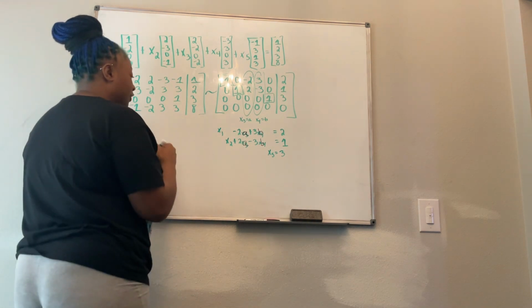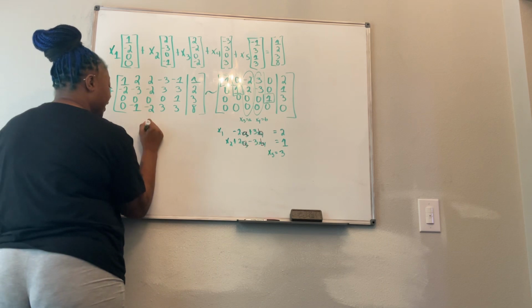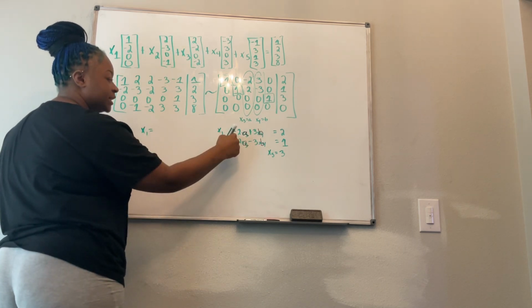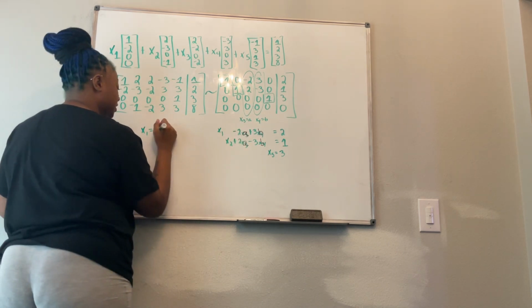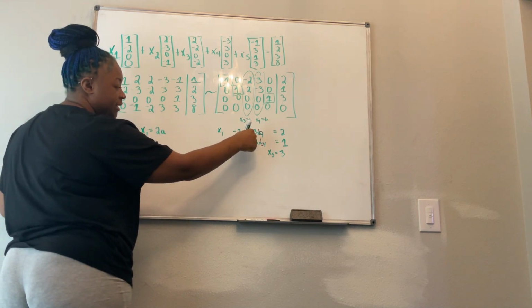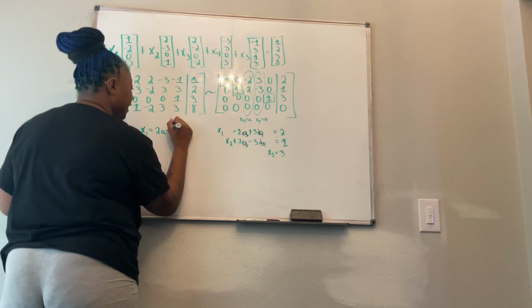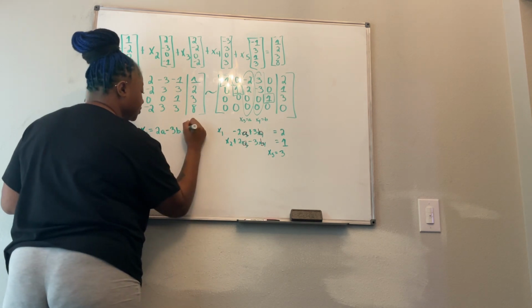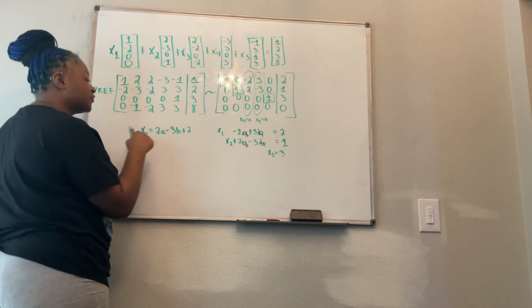For example, the first row is going to be x1 equals, so this -2 is going to turn to a +2. So I have 2a. That +3b is going to turn into a negative, so -3b, and then +2. So this is the solution for x1.